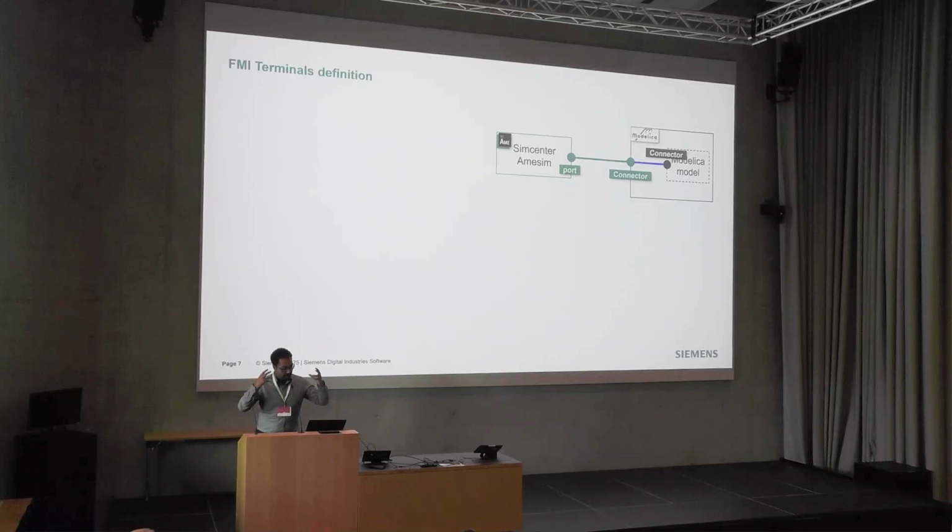If you imagine a Modelica model that you want to connect to Amesim, you first need to see the connection and the variables you have on the connector of your Modelica system, and ensure a kind of consistency between this Modelica connector and the physical port already defined in Amesim. And for that, we need an interface.